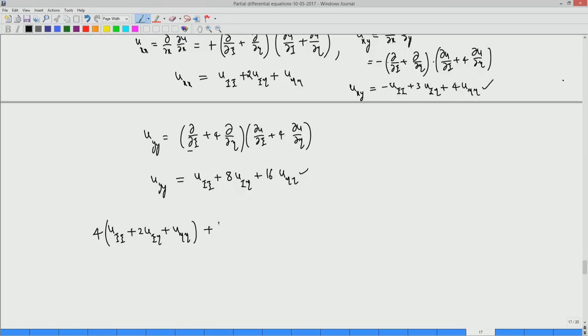Next is 5 times the mixed derivative, that is u xi minus u xi. Then I think I made a mistake, so it should be minus 4.